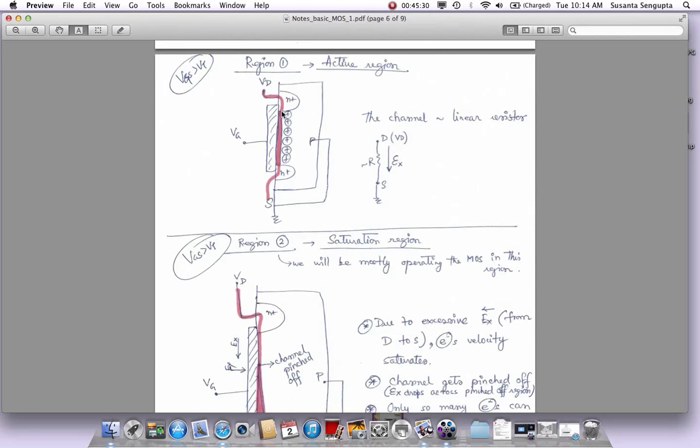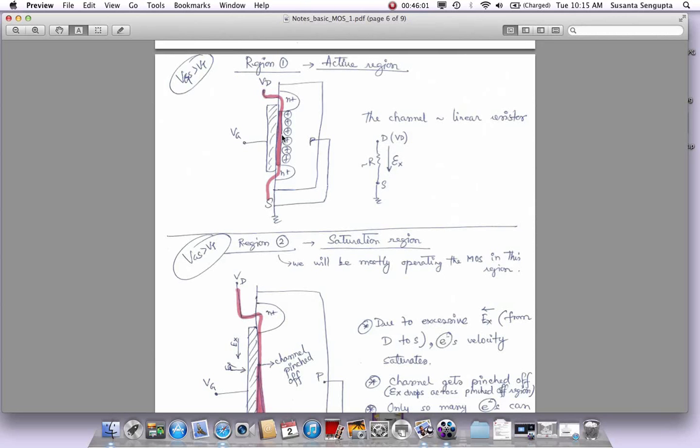So if you increase the voltage linearly, EX increases, which means it's going to linearly allow more and more carriers to go through. So what is current? Current is the rate of flow of electrons in this channel. More electrons flow through it per unit time, it's a higher current. Fewer electrons flow through it, it's lower current. As you're increasing the voltage, the electrons are getting more energy and going faster.